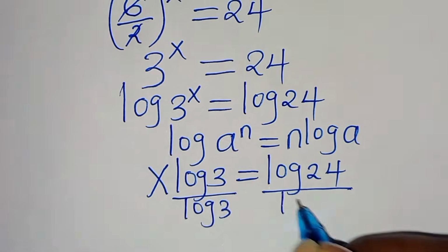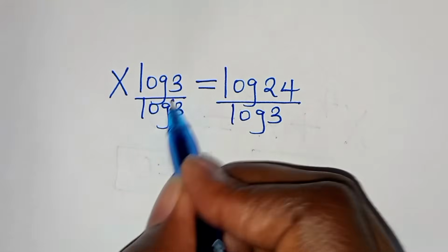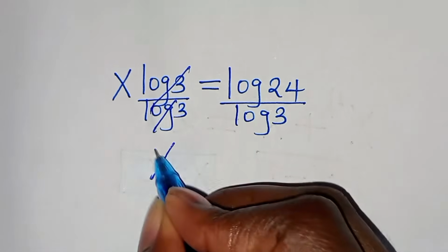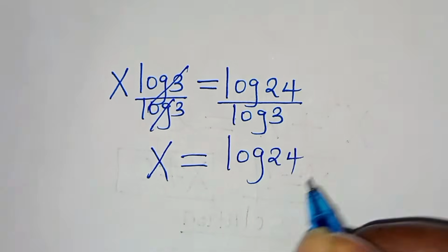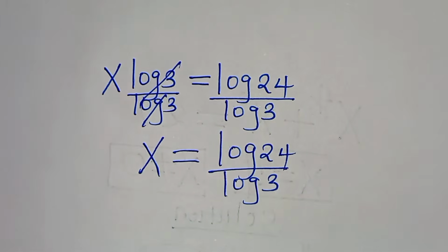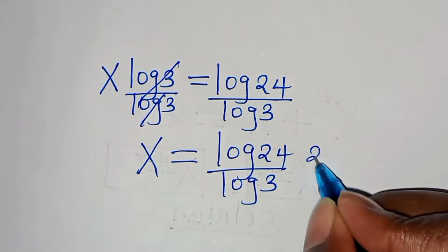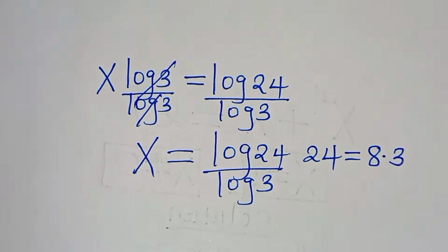Now, simplify log 3 and log 3 here, so that we have x is equal to log 24 divided by log 3.